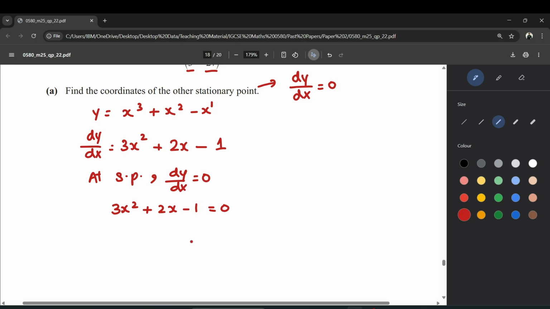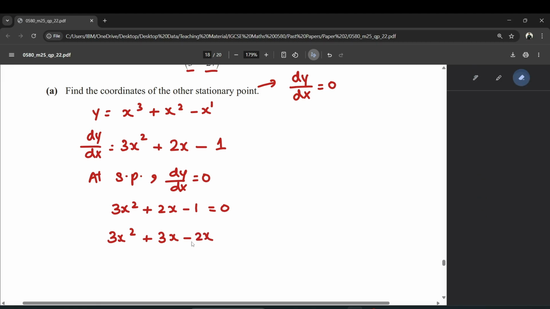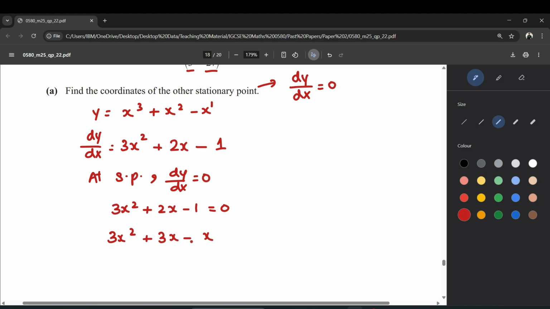Now we can factorize this. We can say 3x squared plus 3x minus x minus 1 equals 0. The factors that we need are 3 and minus 1. If I take 3x common, I would be left with x plus 1. If I take minus 1 common, again I would be left with x plus 1, equals 0. Now here we are factorizing x plus 1.